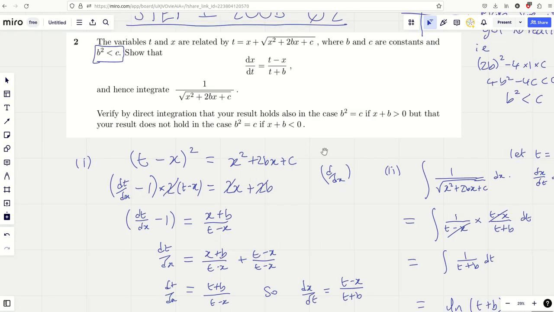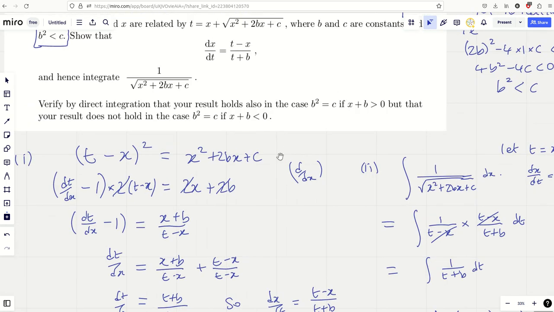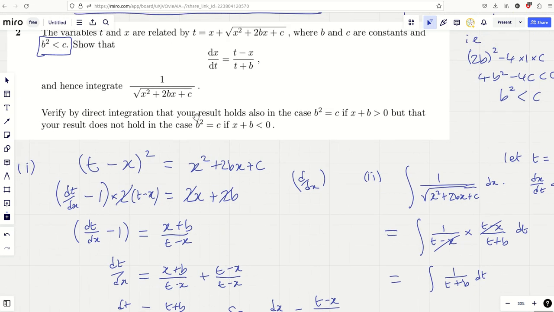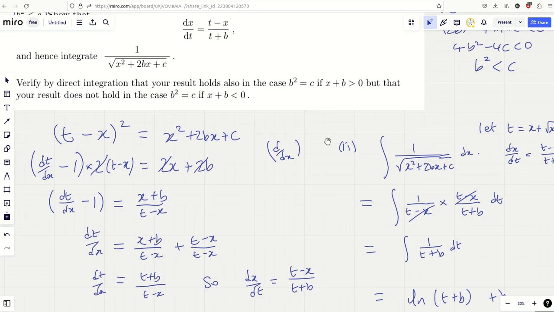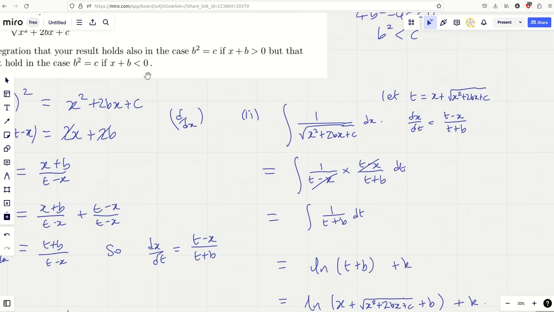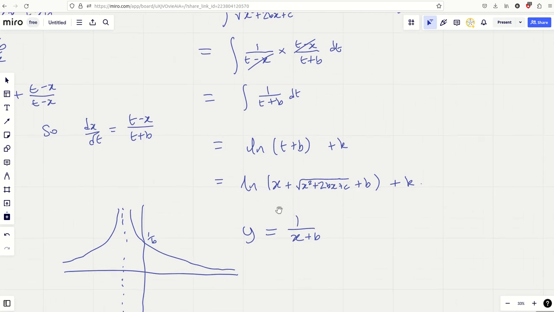It's like, oh yes, that actually is a problem. So let's just have a little look, but the result does not hold. I guess we're actually testing though, what result are we testing? We're verifying by direct integration that this previous result holds when this is true, but this previous result does not hold when that's true. So I should be looking at this result, sorry.